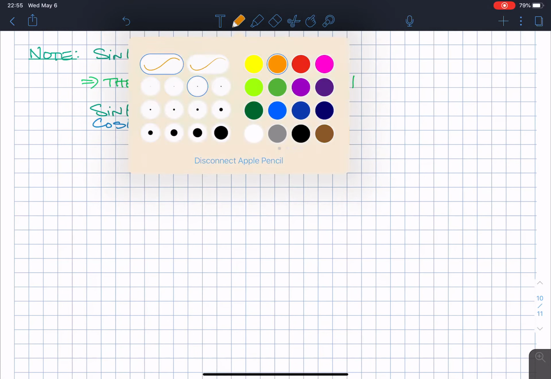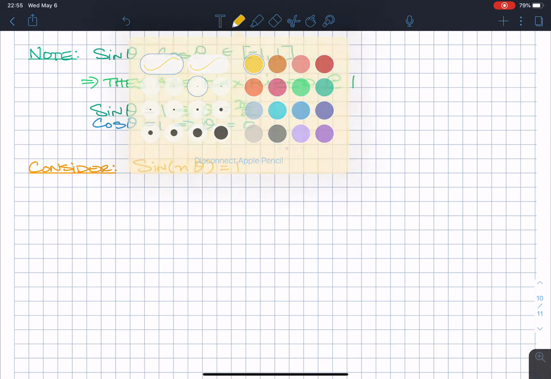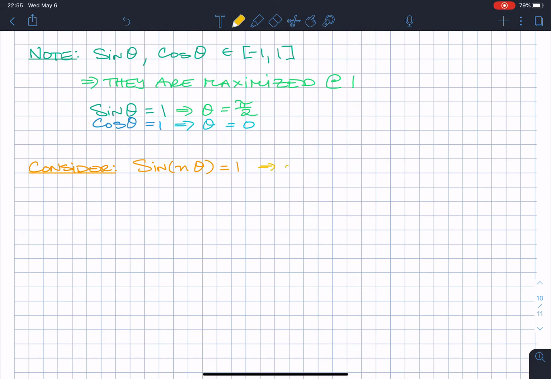Okay, well, let's consider sine of n theta equal to 1. What that means then is that the angle n theta is pi over 2. Dividing both sides by n, that gives us that theta is pi over 2n.